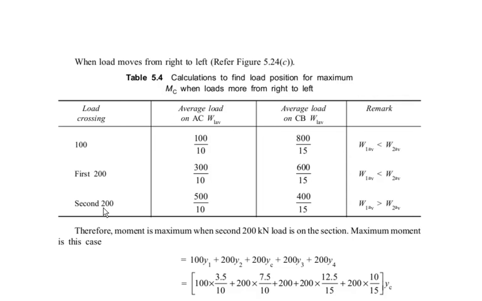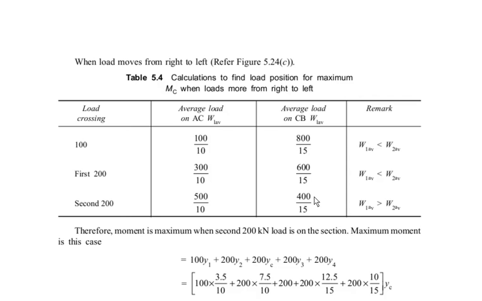Now these three loads are on the portion AC. So the average load on AC will be 100 plus 200 plus 200 equal to 500 divided by 10, the length of the portion AC. And the remaining loads, two more 200 kilonewton loads, are now on the portion CB.